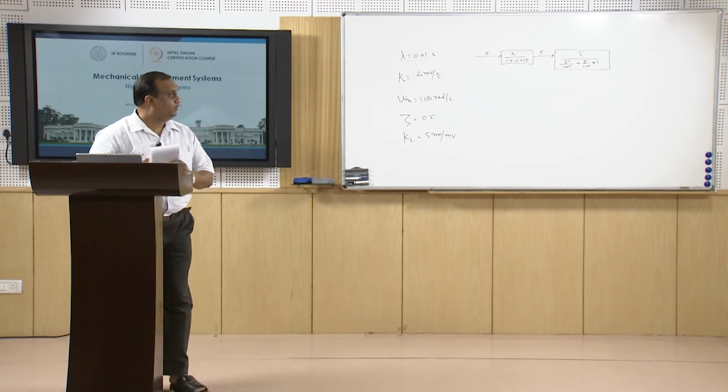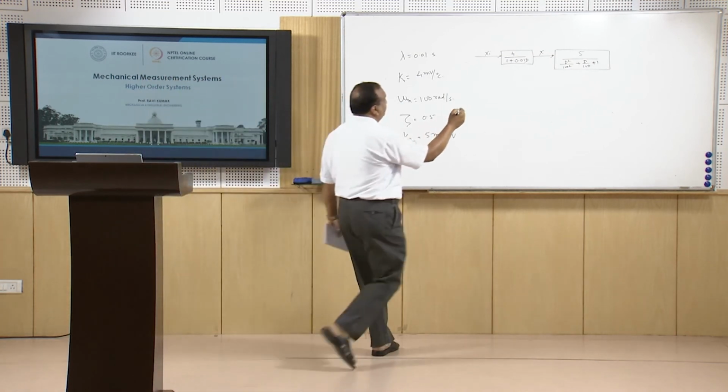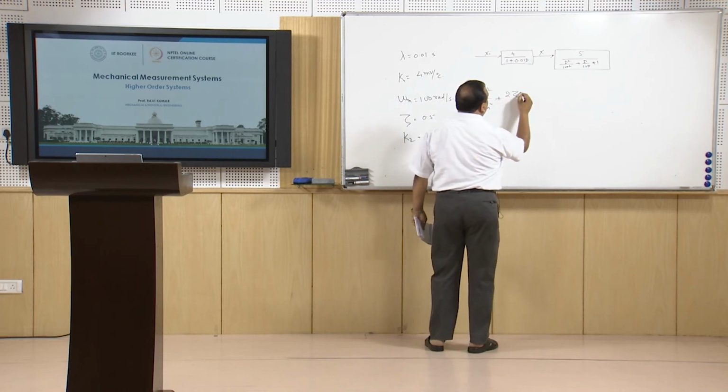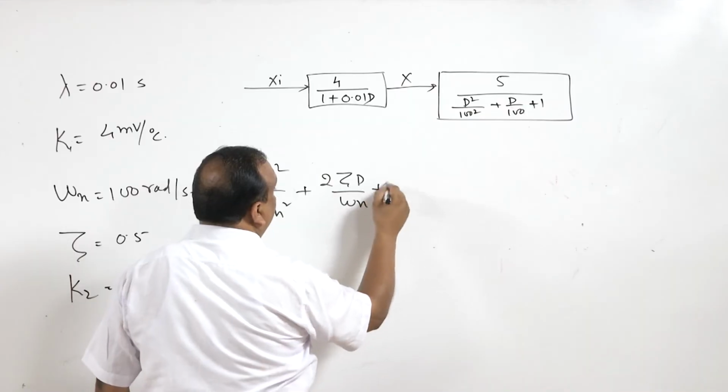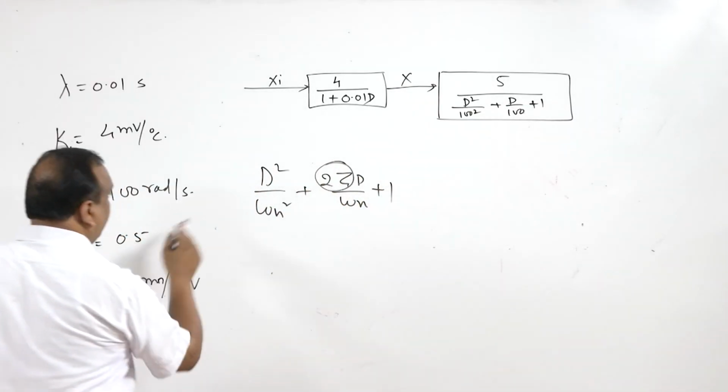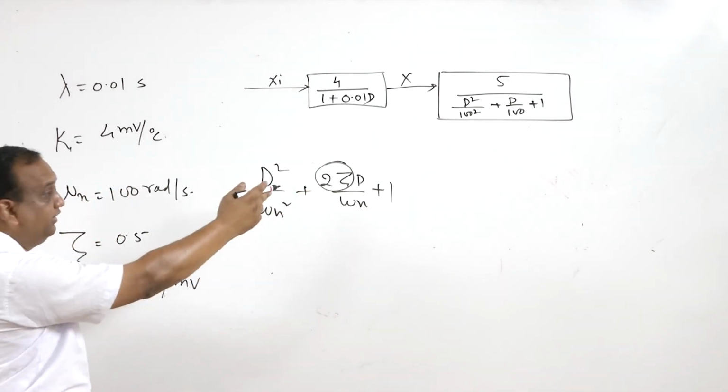If you remember, this equation is d square by omega n square plus 2 zeta d by omega n plus 1. Because zeta is 0.5, 2 zeta is 1, already considered.